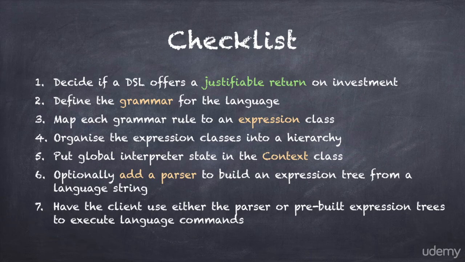Organize the expression classes into a hierarchy, similar to the composite pattern. Decide if you need a global interpreter state, and if so, put it in the context class. Optionally, add a parser to build an expression tree from a language string. And finally, have the client use either the parser or a pre-built expression tree to execute language commands.